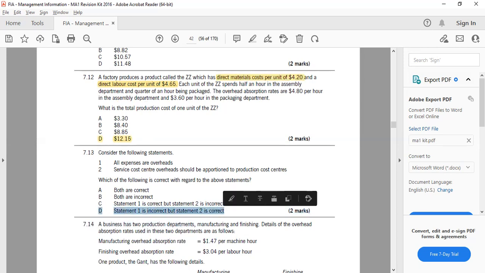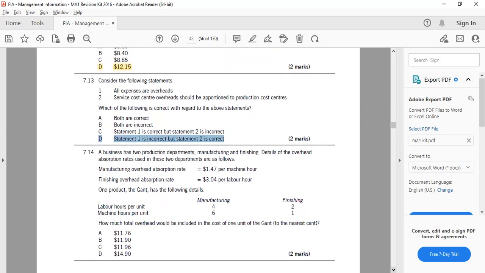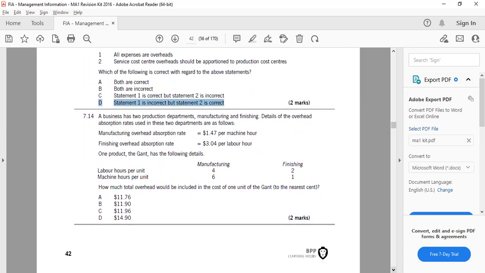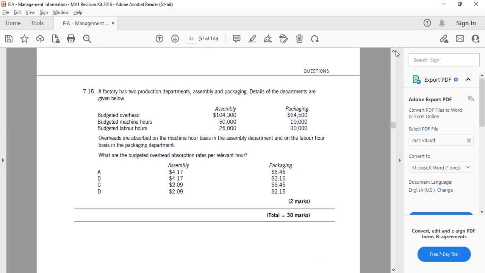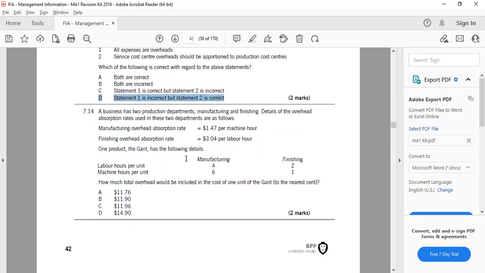So the next one, 7.14. A business has two production departments, manufacturing and finishing. Details of the overheads absorption rate in these two departments are as follows. Manufacturing overheads absorption rate is 1.47 per machine hour and finishing is 3.04. One product, the Gantt, has the following details.